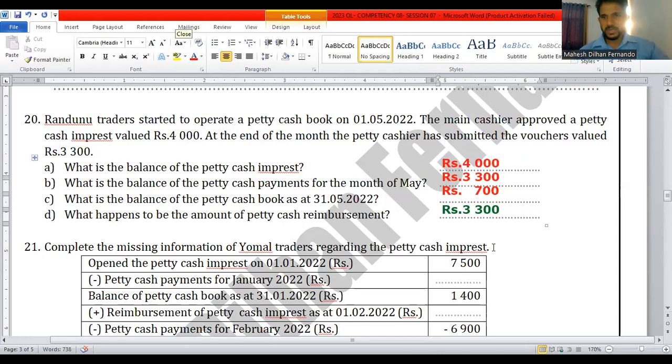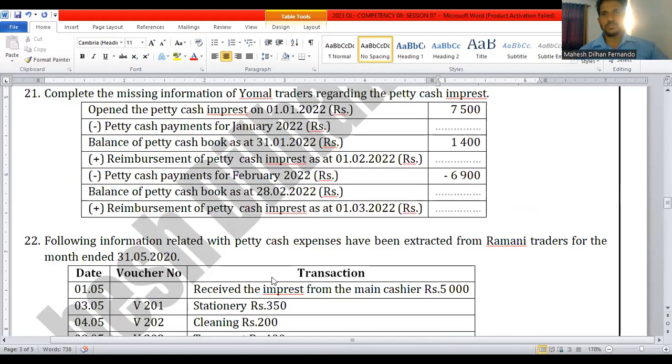Let's move to the next one. Answer question number 21: complete the missing information of Yomal traders regarding the petty cash imprest. Think and tell me what has to be the value here.